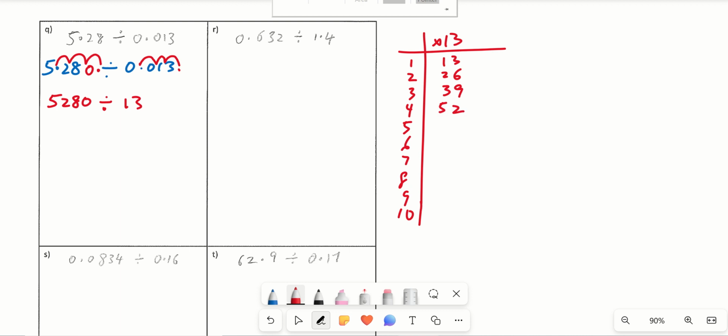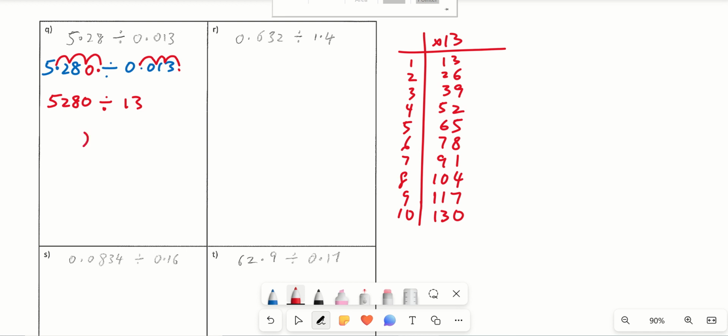And then 5 times 13 is 65. 6 times 13 is 78. 7 times 13 is 91. 8 times 13 is 104. 9 times 13 is 117, and 10 times 13 is 130. So with the times table, we can now proceed to perform the division.